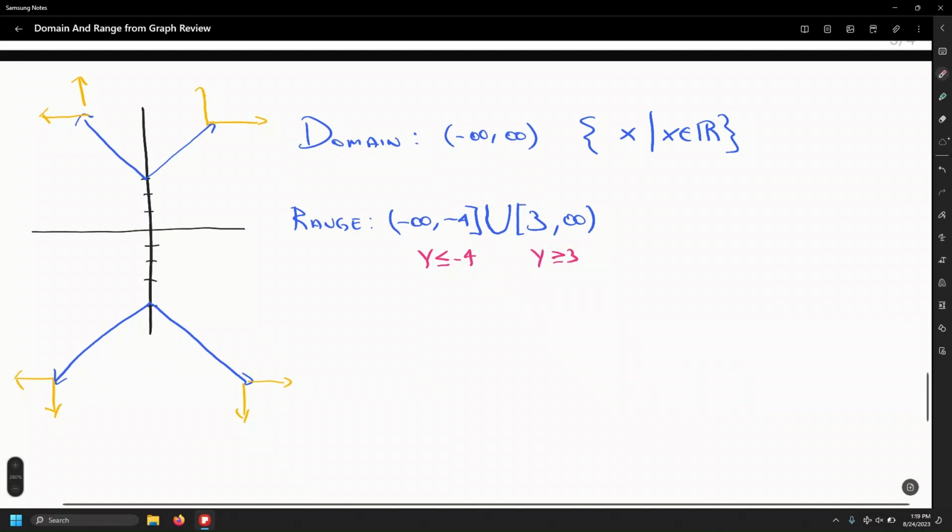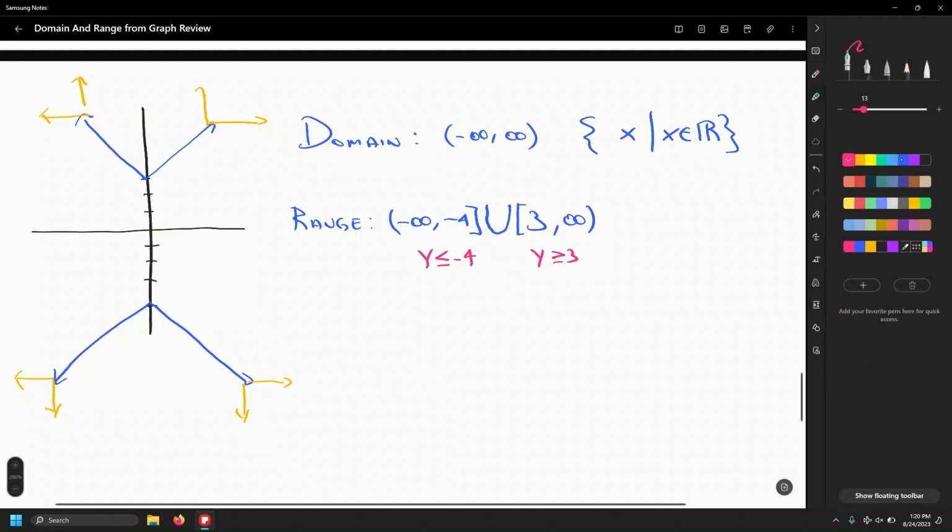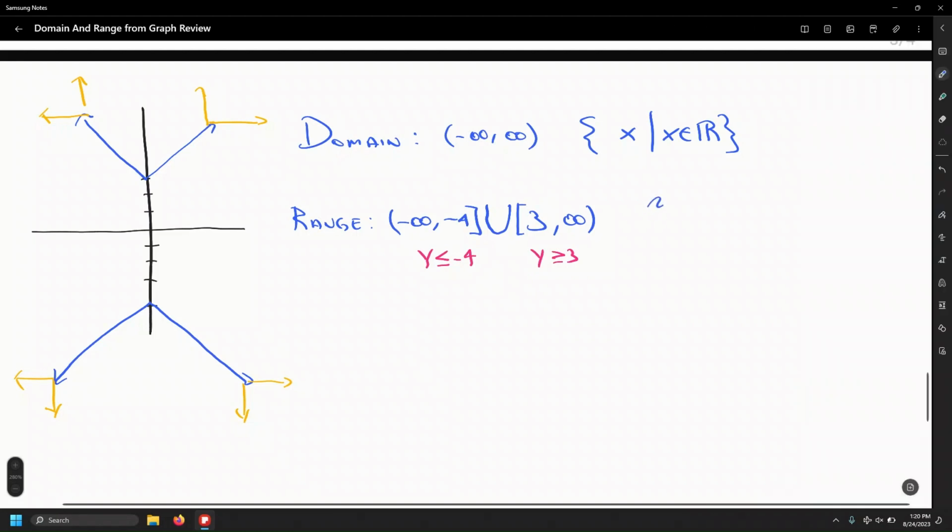Now, when it comes to the set builder notation, it's y such that, literally copy and paste these two inequalities, just separate them by commas. y less than or equal to negative 4, comma, y greater than or equal to 3. All right?